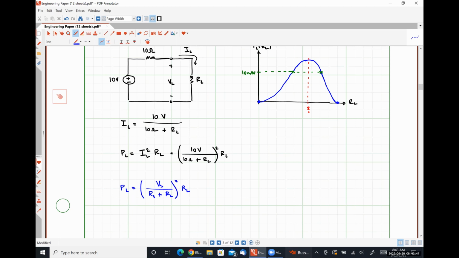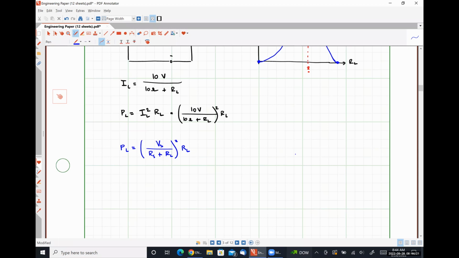We've already derived effectively where that came from. So if we want to find the value of RL that causes maximum power transfer, what do we need to do mathematically? How do we find the maximum value of a function? Take the derivative, set the derivative equal to 0, okay?